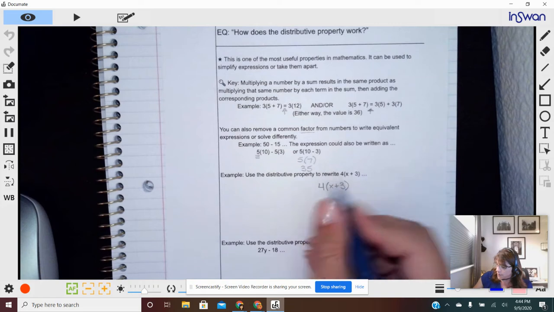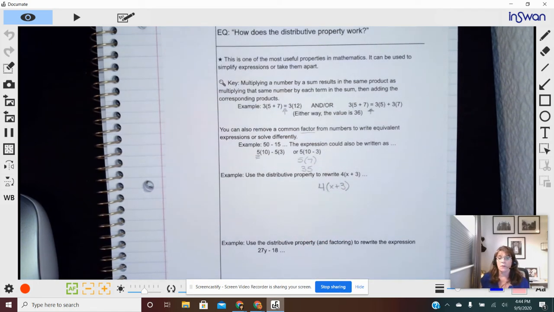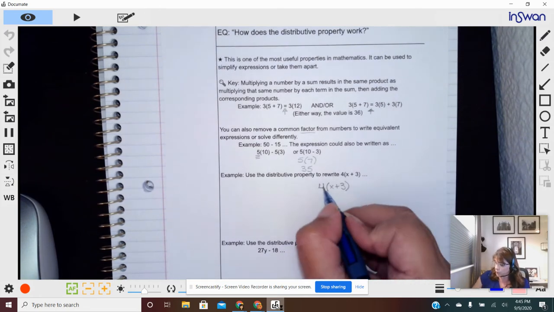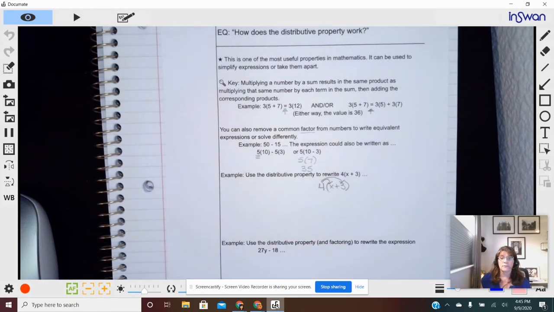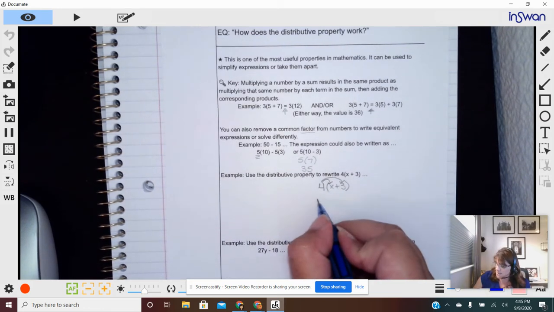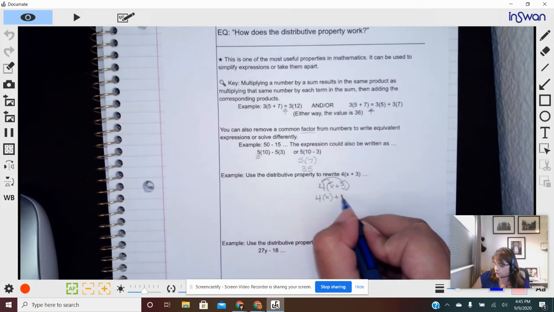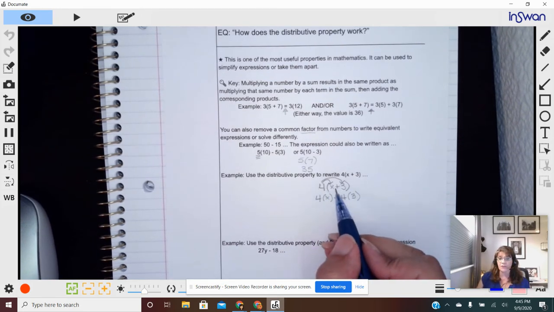Now remember that whenever you have a number in front of a parentheses like this, kind of in a coefficient status, it is being invisibly multiplied. But there's more than one thing inside the parentheses. Yes. You are multiplying times that thing and times that thing. Okay? Boing, boing. So look what happens. It's actually 4 times x plus 4 times 3. We are distributing that 4.